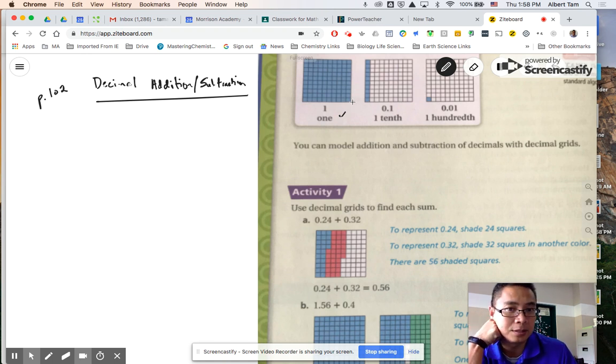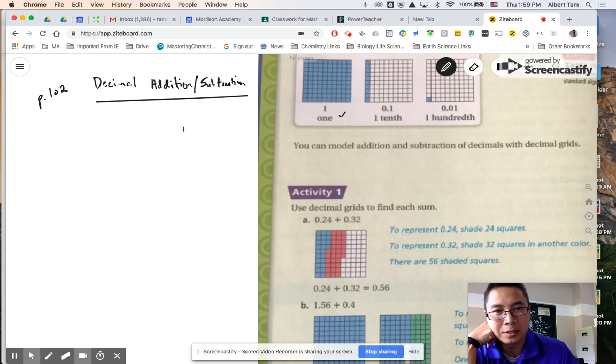That's kind of weird to say. On the right here, they show you what a tenth would look like on this grid, and you just fill in one strip. And then you see that only one square is filled in, and that represents a hundredth. So if you had 100 of these squares filled in, that fills up this one block.